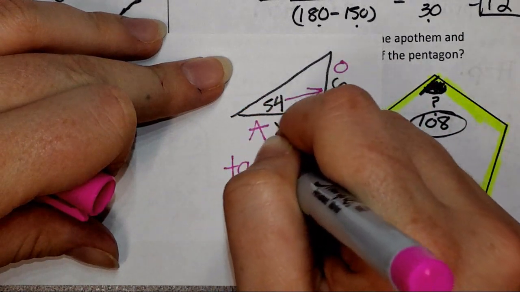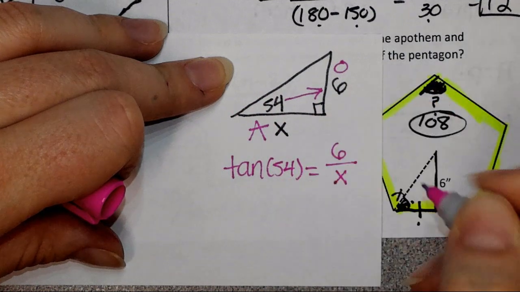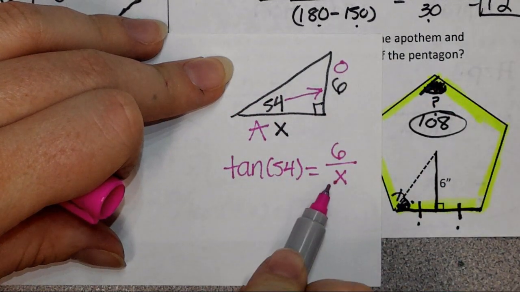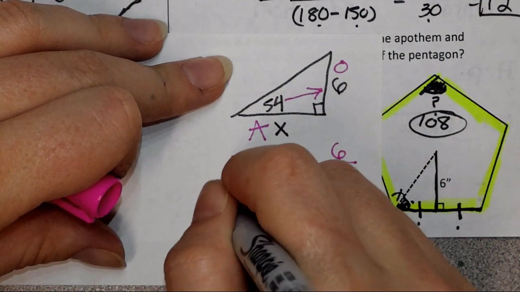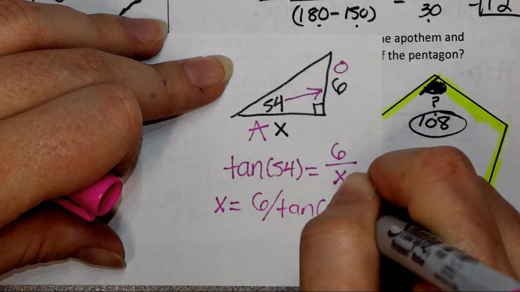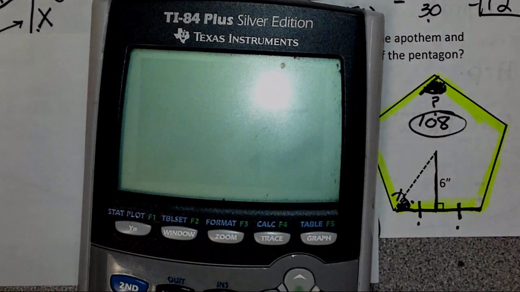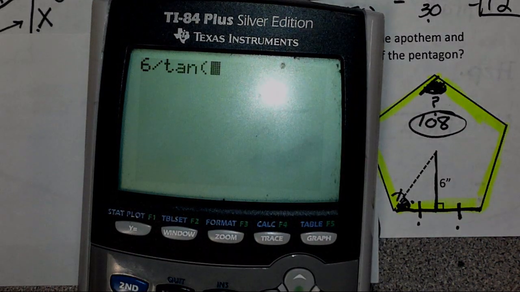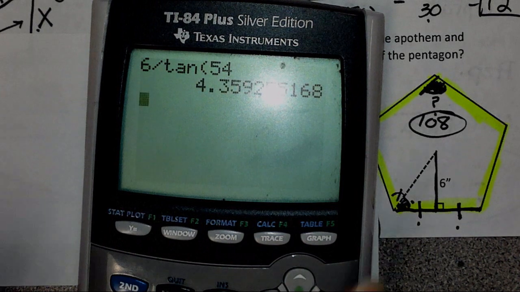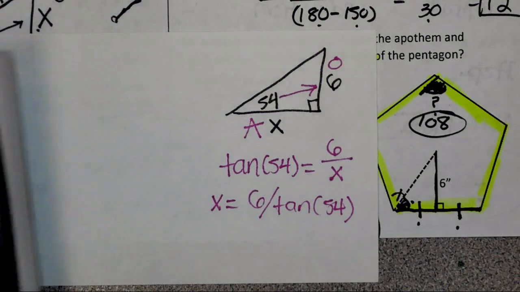So tangent of 54 is equal to 6 over x. Since x is in the denominator, we're going to end up dividing when we solve for x. Plugging that into the calculator, 6 divided by the tangent of 54 gives us about 4.36.